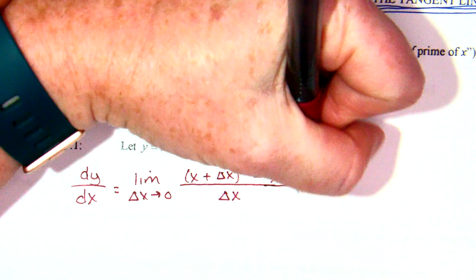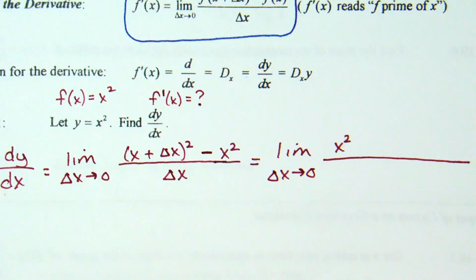FOIL. X times x is x squared. X times delta x. X times delta x is going to be x delta x plus another x delta x if you do outsides and insides.